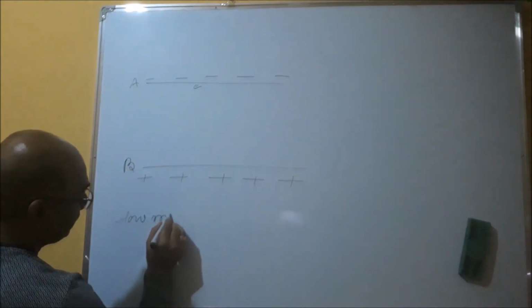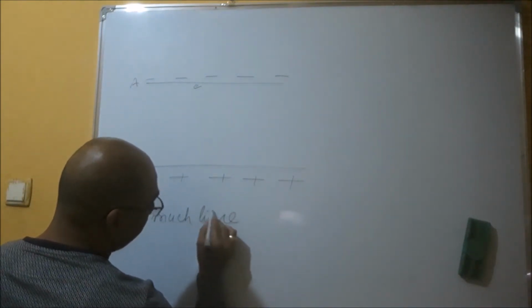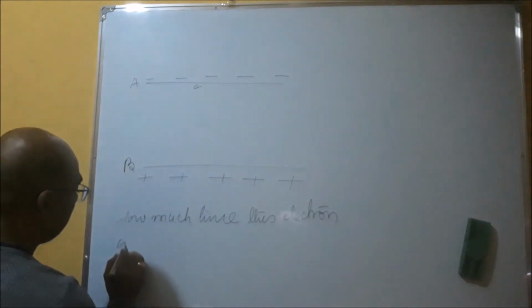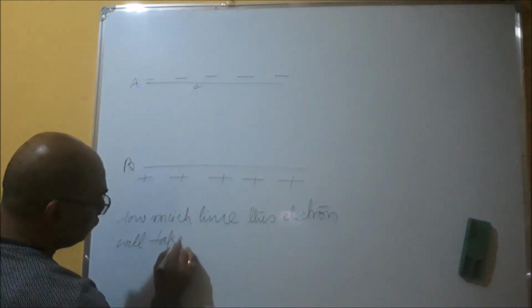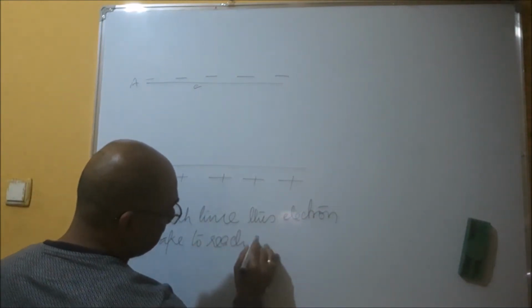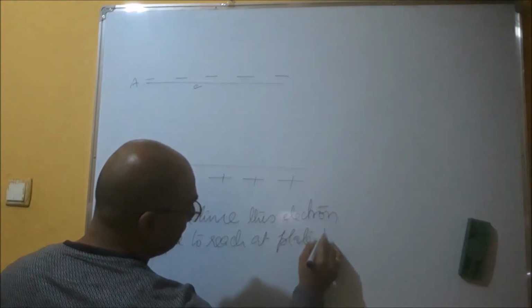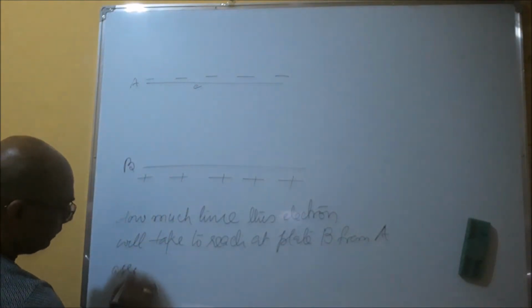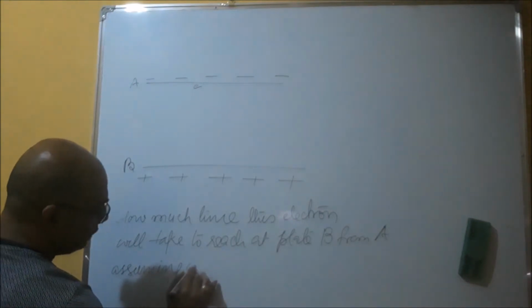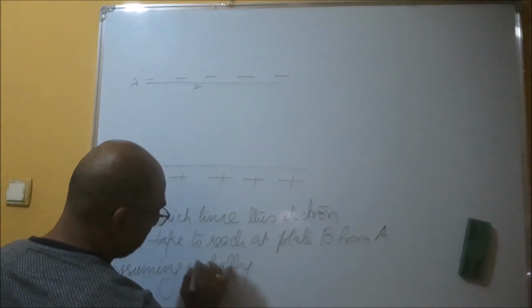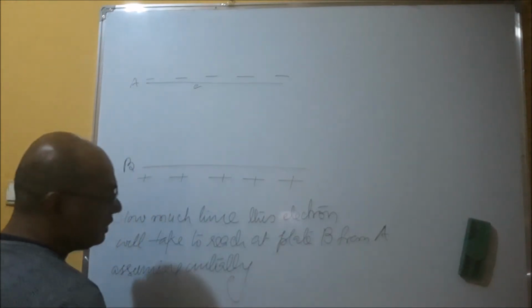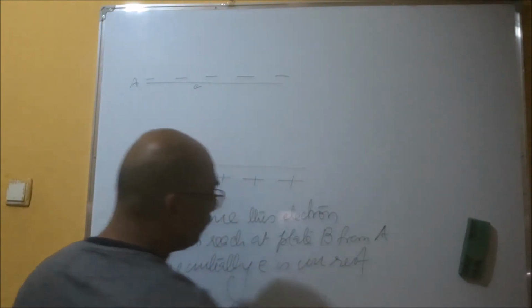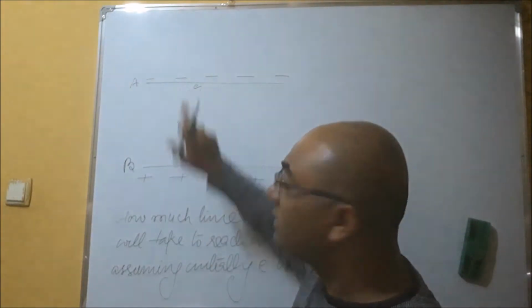How much time will this electron take to reach plate B, or surface B, from A, assuming initially the electron is at rest?